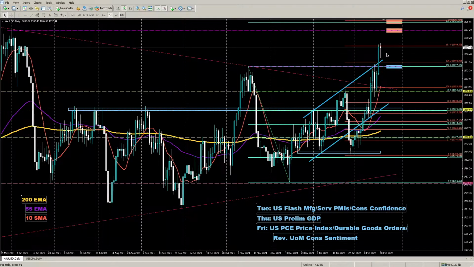So after such a bullish move, there could be a pullback just to retest this upper channel trend line, and then perhaps attacking the 1916 level. Not sure if it's able to extend further than that. We'll have to see next week, as well as the coming weeks.